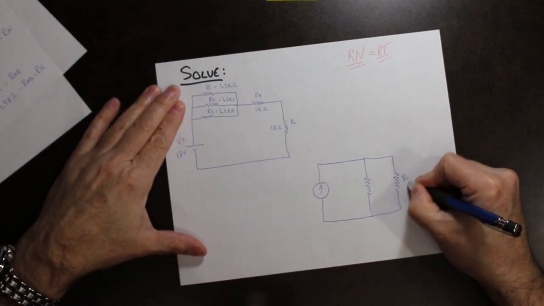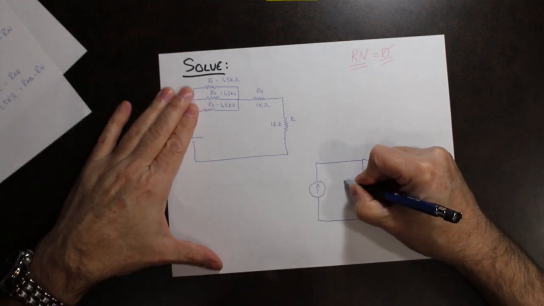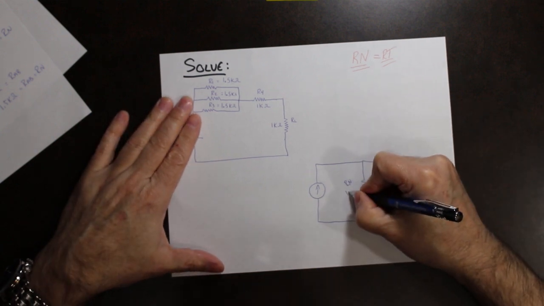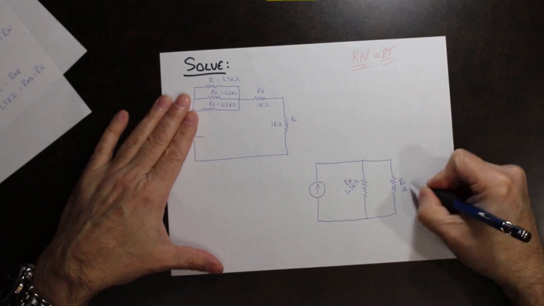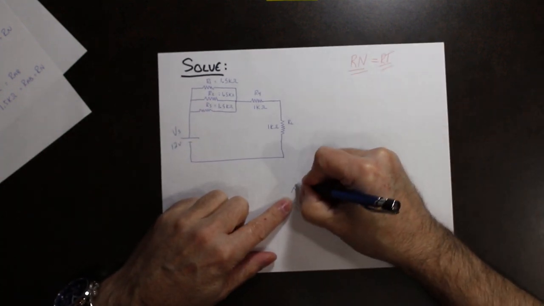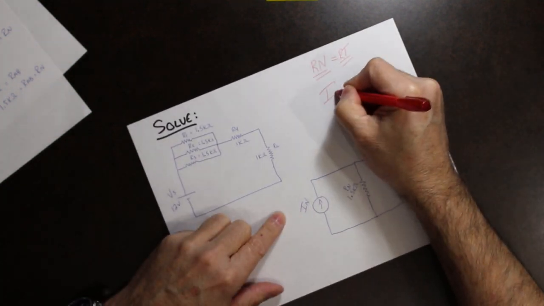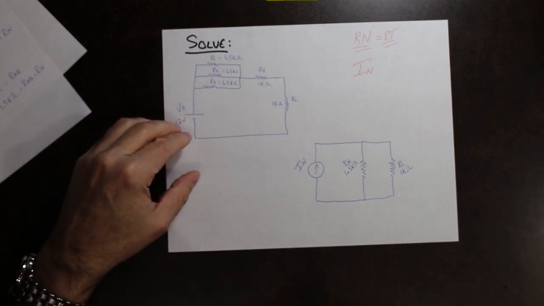So RL, 1K. This is Rn, which we just calculated to be 1.5K. So what's next to do is I Norton, and there's a full procedure for that.